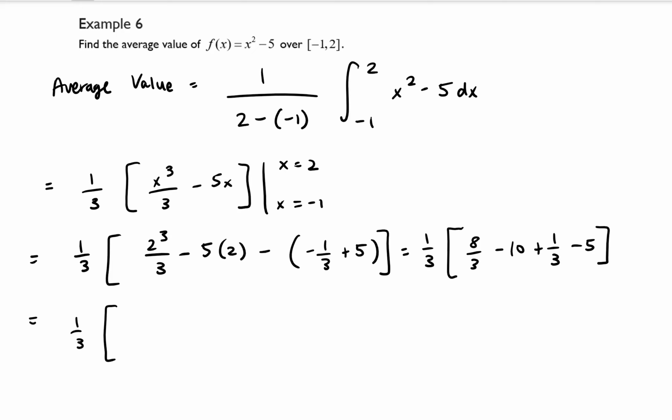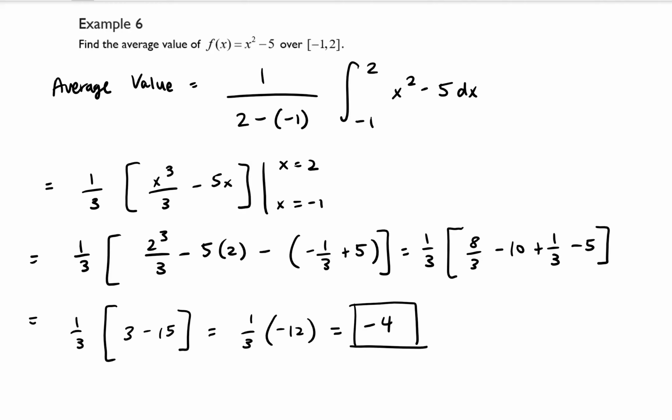So 8/3 plus 1/3 is 9/3, which is the same as 3, minus 15, which is 1/3 times 3 minus 15, which is -12. So our final answer is -4.